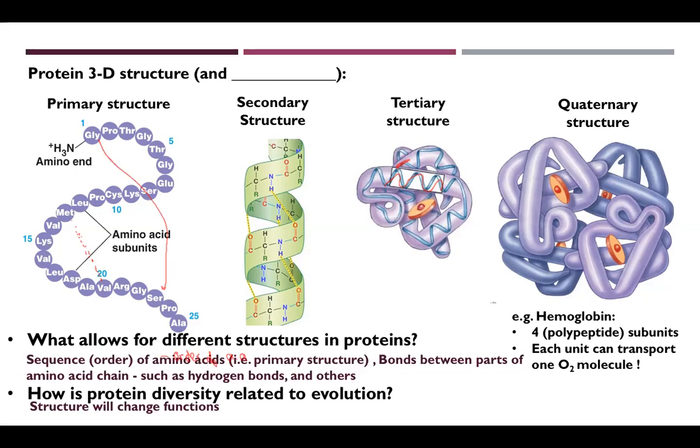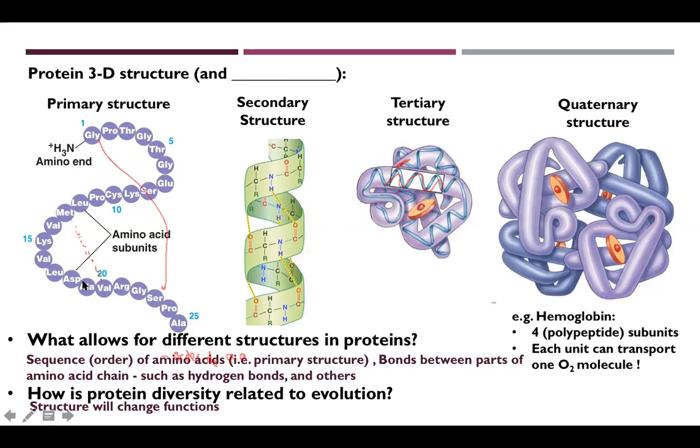So proteins are so different, and even a small change in a protein can cause a different function. I think last year you looked at sickle cell anemia, if I'm not wrong. So in that one, we're looking at hemoglobin. This is a normal functioning hemoglobin.